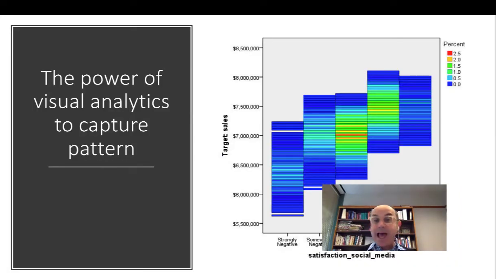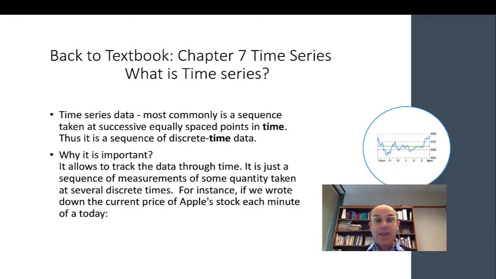So the idea is capturing patterns in the data, and this is a good example, even though you probably will not be able to identify what it entails, but it gives you some ideas percentage-wise about target sales and satisfaction of social media with regard to the sales. So using different techniques, different outliers, and taking what already exists and making it more coherent is part of what we are doing. So what is the time series?